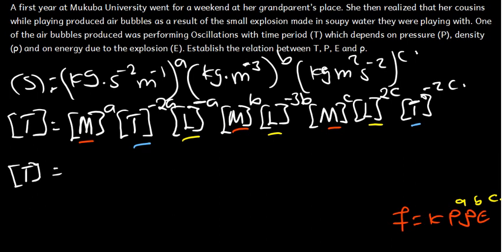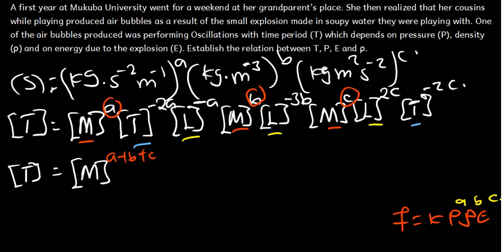If the bases are the same, what do we do with the powers? We add the powers. So here I'm going to say that this is going to give me m. So I need to add the powers. So I have this and this, meaning that it's going to be a plus b plus c. I'm done with that. Okay?